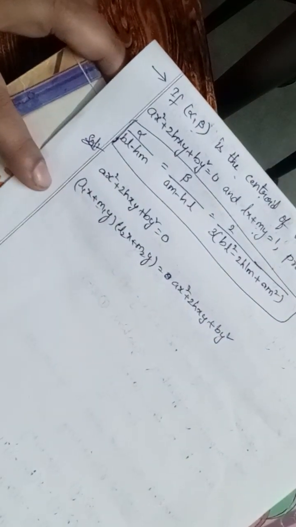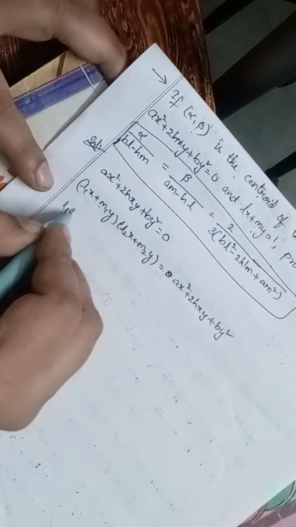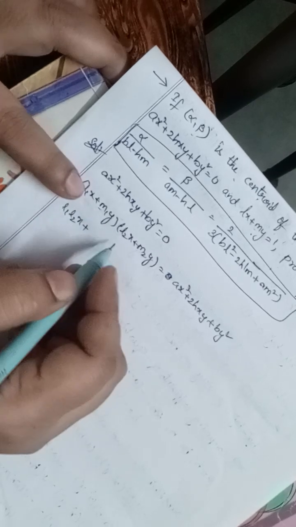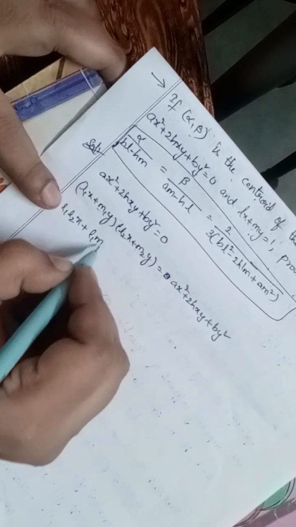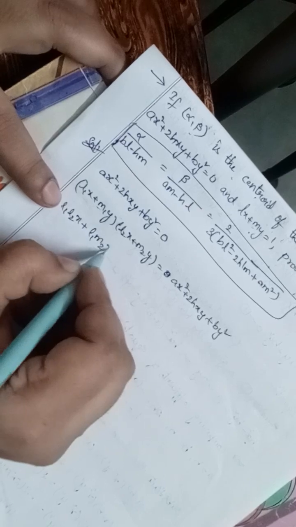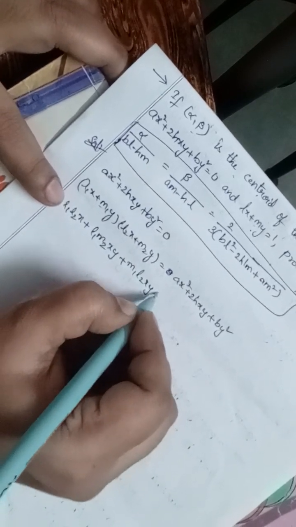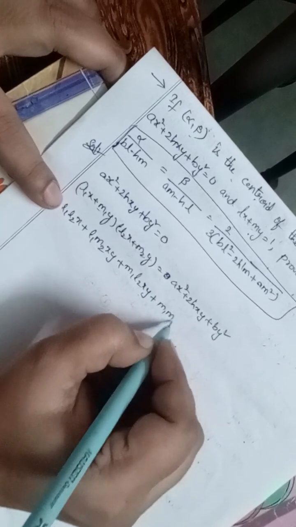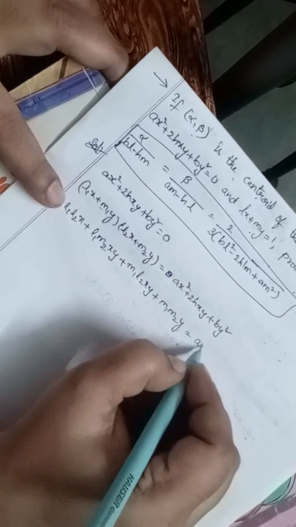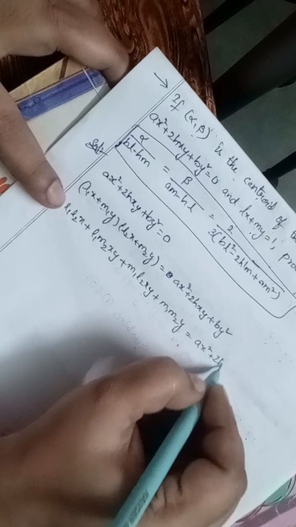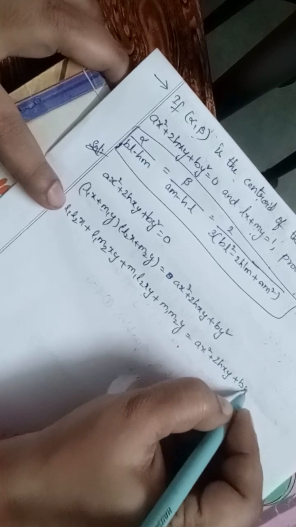Now you multiply: L1 L2 x square plus L1 M2 xy plus M1 L2 xy plus M1 M2 y square equals to ax square plus 2hxy plus by square.